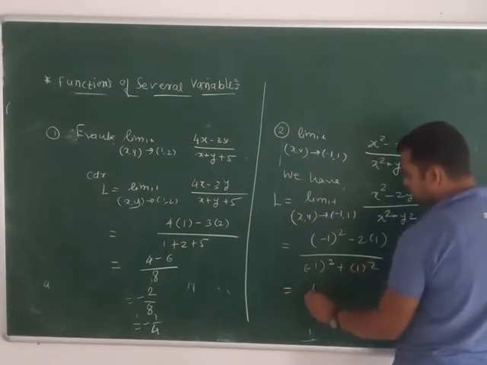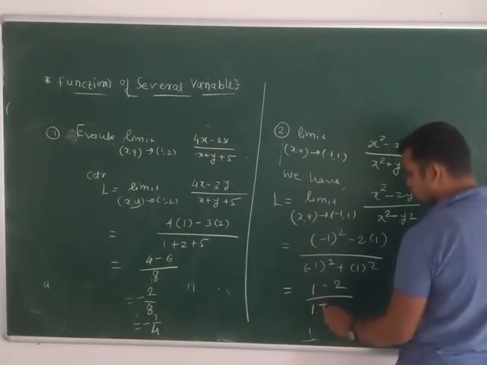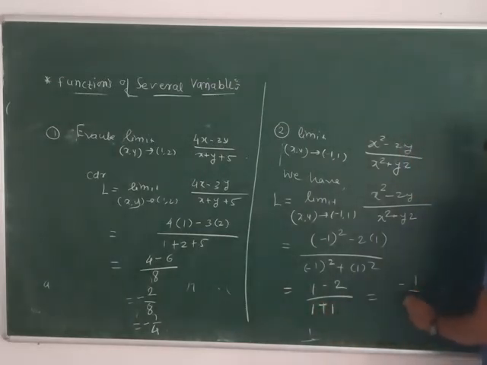We get 1 minus 2 divided by 1 plus 1, which is equal to minus 1 by 2. This is simply the limit of the given function at this point (minus 1, 1).